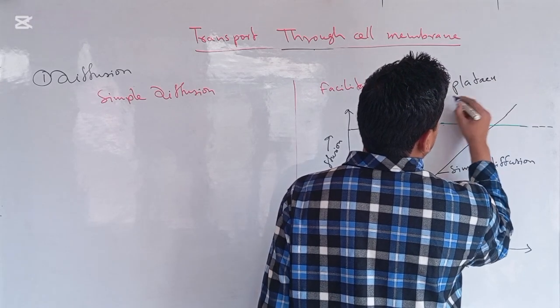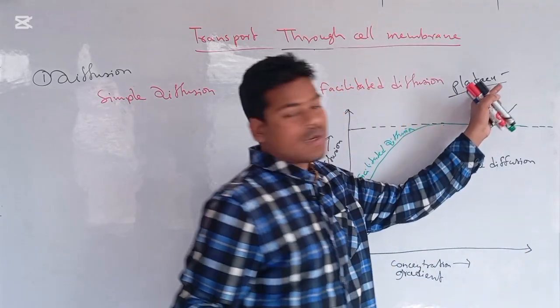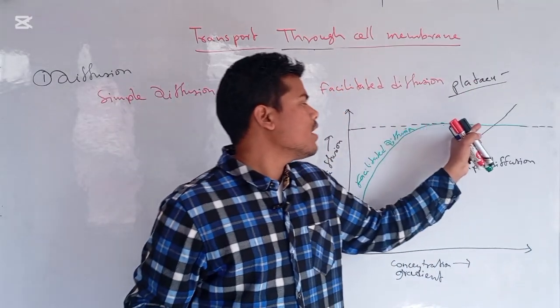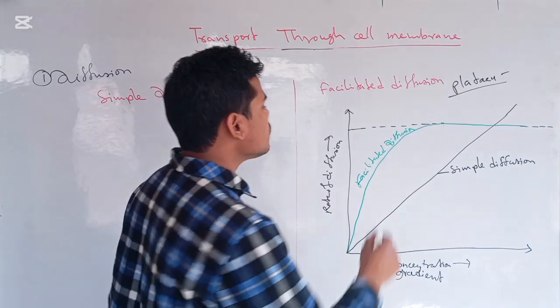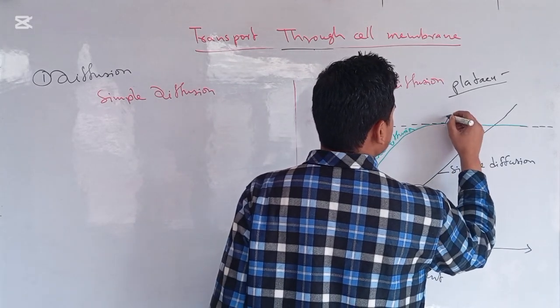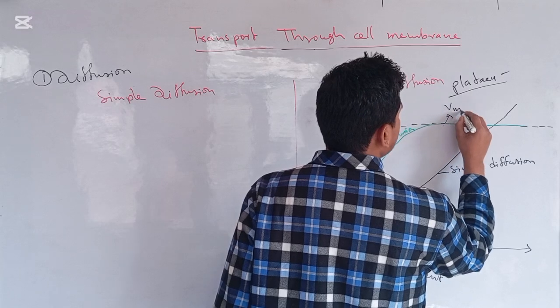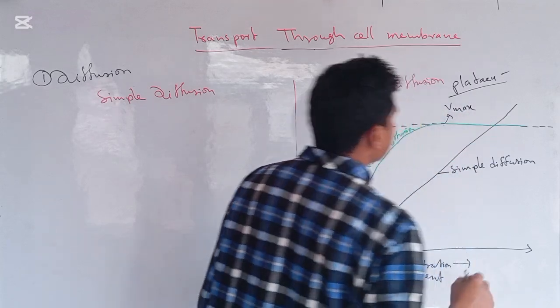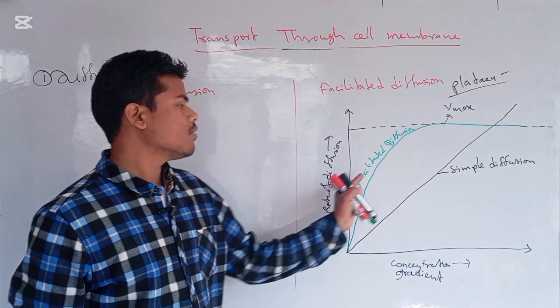I forgot the spelling, but please remember this plateau. Why does the plateau occur here? Let's suppose this is the Vmax, the maximum velocity of diffusion of this facilitated diffusion.